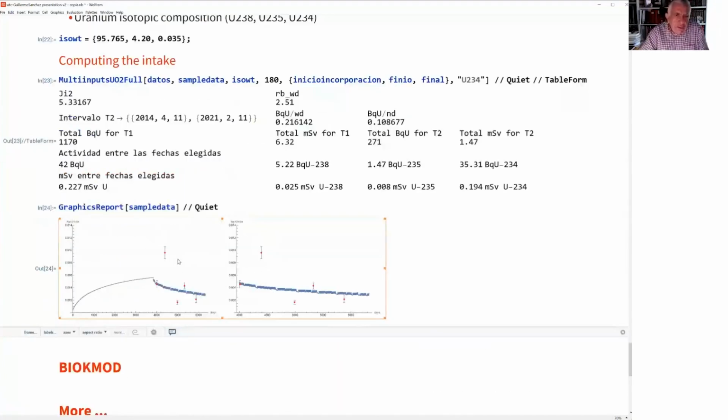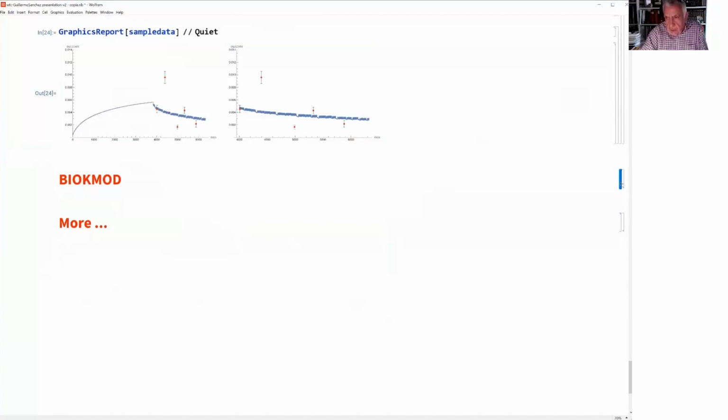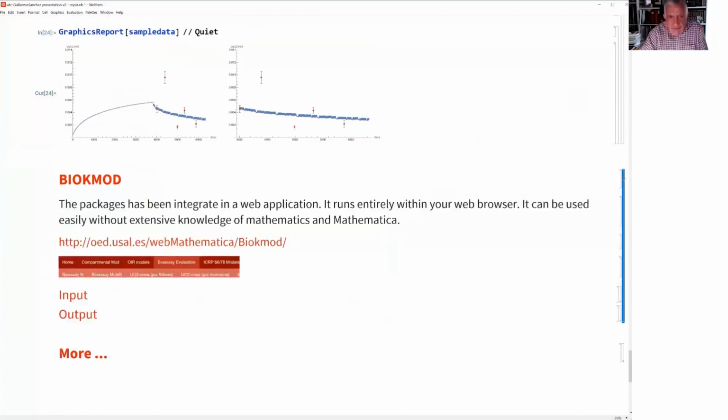This process for real application will be complex. For this reason, we have developed a specific application as a web application. The package has been integrated in a web application. It runs entirely within your web browser.